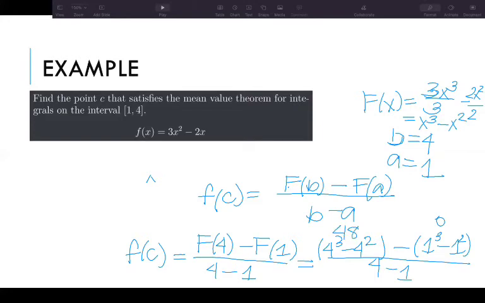Then 4 minus 1 is 3. So we have 48 minus 0 over 3 equals 16. So f(c) must be equal to 16.